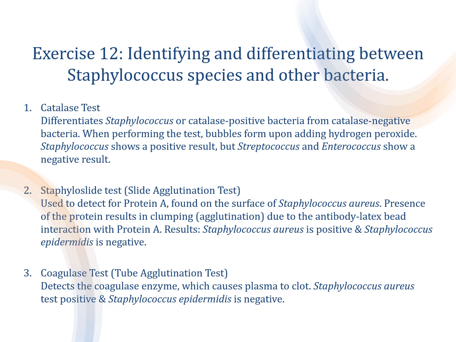During the staphylocide test and the coagulase test, you're differentiating between Staphylococcus aureus and Staphylococcus epidermidis. The staphylocide test is the detection of protein A on the surface of the bacteria. This works because there are antibodies bound to the latex beads of the slide.